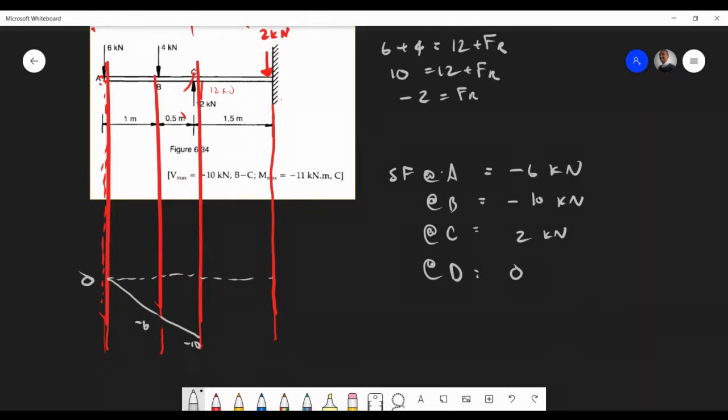Then subsequently, at C we go 2, right? So that goes up. Oh, you are drawing the bending moments now. Mr. Manus, you're sharp, eh? Yeah, exactly.